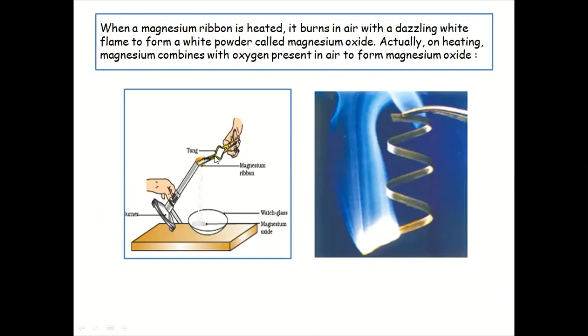It has been held with a tongs. It burns and gives a white magnesium oxide. So this is basically a chemical reaction where the solid, that is magnesium ribbon, has been converted into another solid which is white in nature, and it is an oxide also.